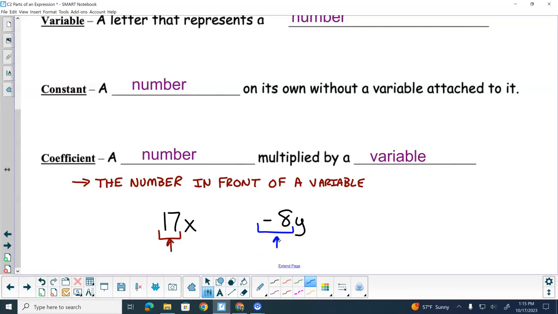If we had something like m, then 1 would be the coefficient, because technically there's 1 m. That's why we wrote it down. So a coefficient is a number out in front.